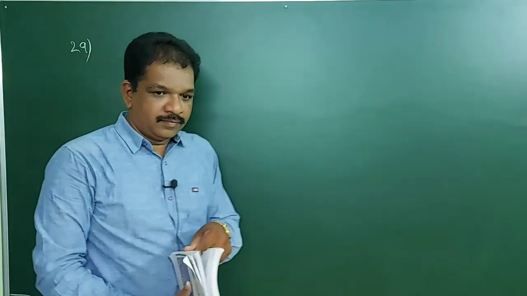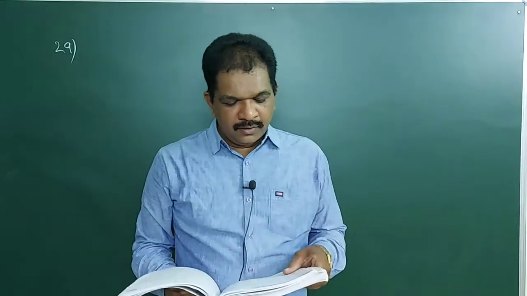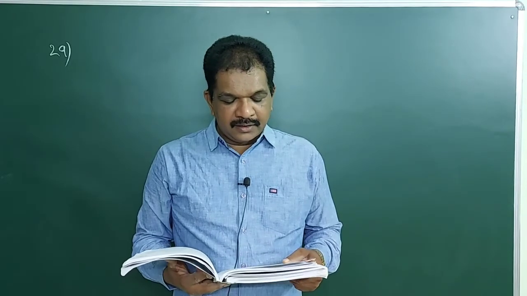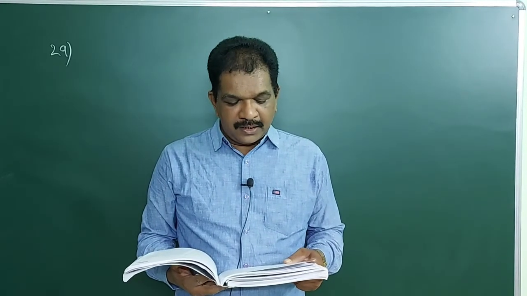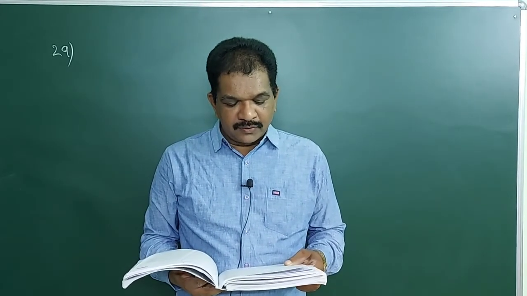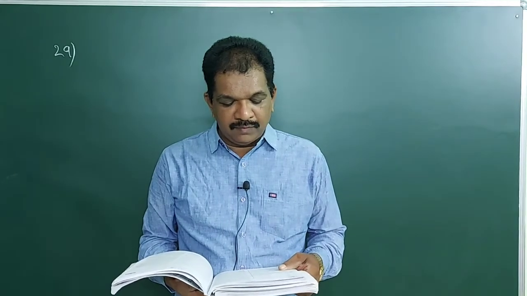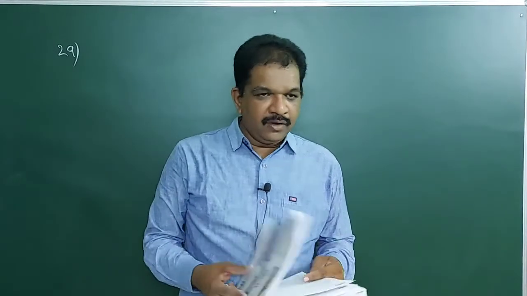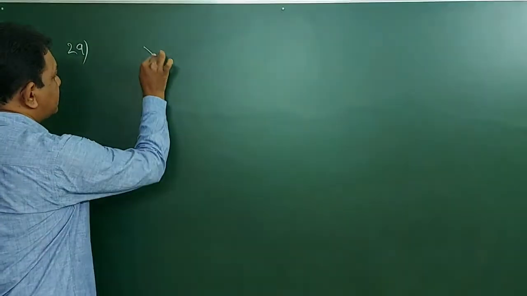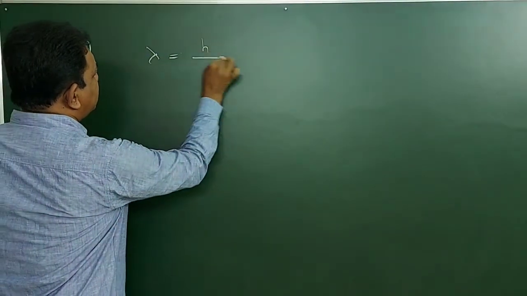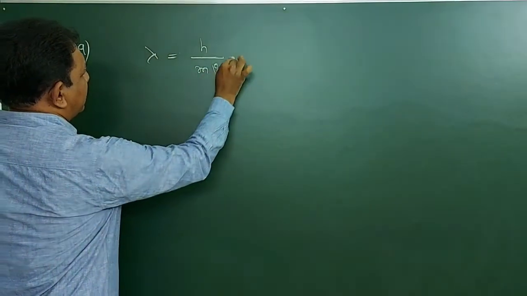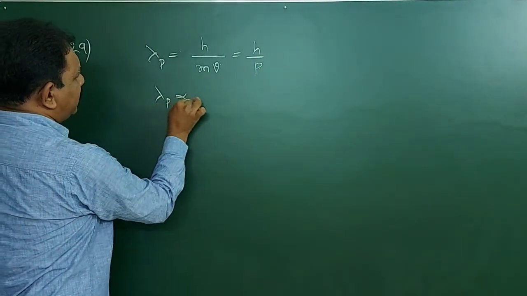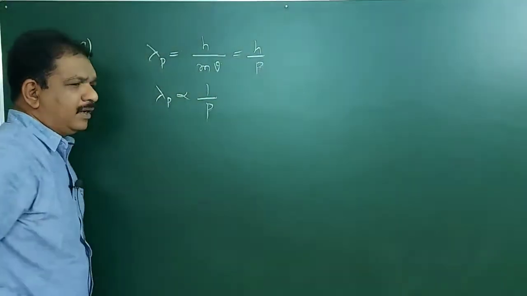What are they asking? Which of the following figures represents the variation of particle momentum and the associated de Broglie wavelength? Lambda is equal to h by mv, that is h by p, so lambda is proportional to 1 by p.